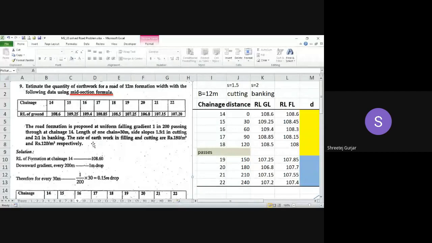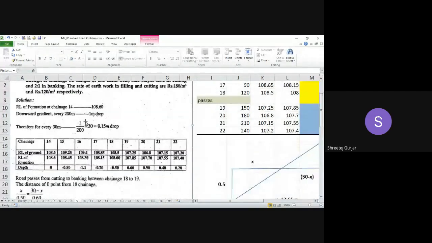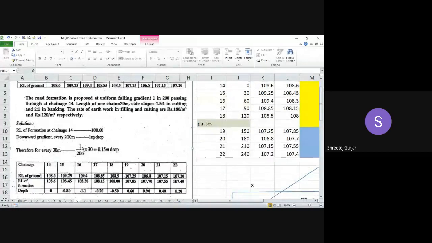Before we move on, let us just calculate your depths. We can observe that the RL of ground is given, and the RL of formation we can find out. How can we find it out?